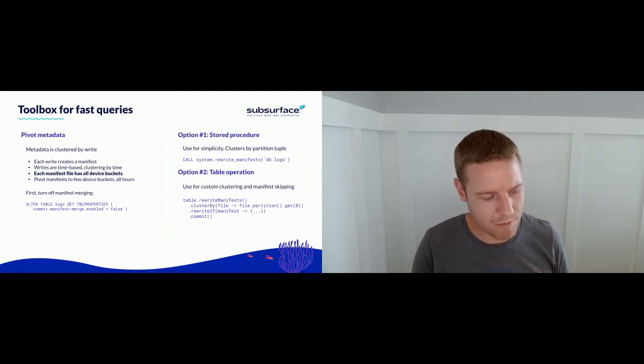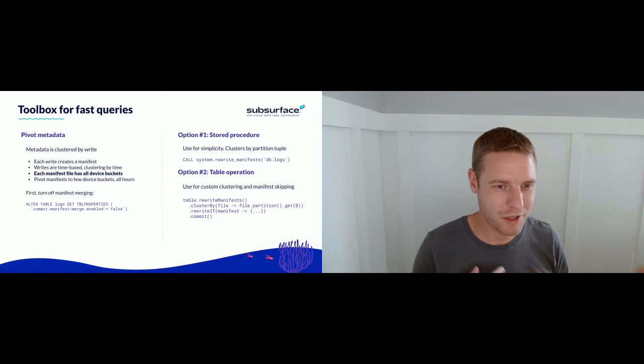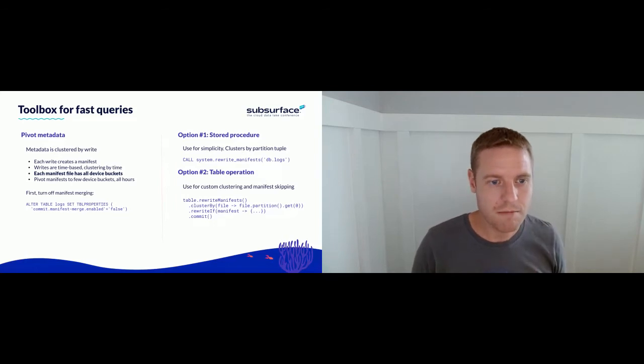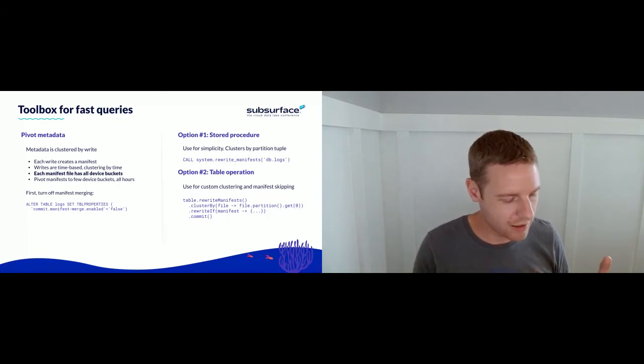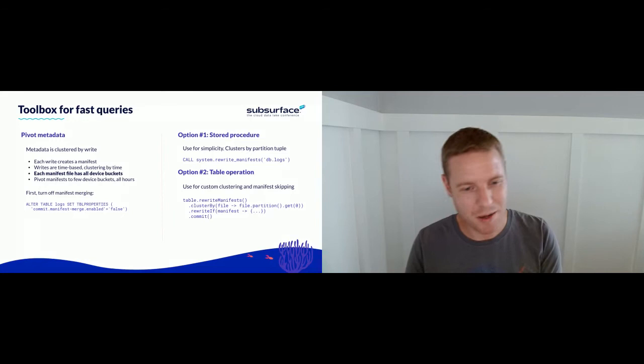You have a lot more flexibility if you're calling the actual table operation through the API, because you can specify your cluster key instead of just automatically clustering by partition values. But both of these will achieve the same thing. So in the end, we will get a situation where the data is clustered by the bucket and then by the time, instead of by time and then by bucket.